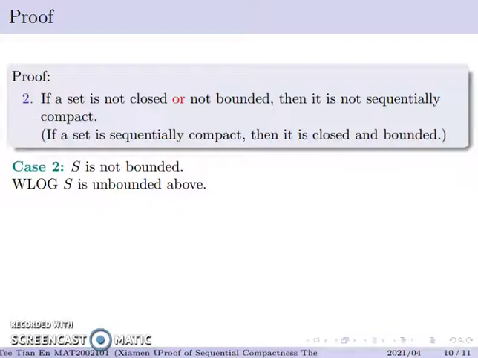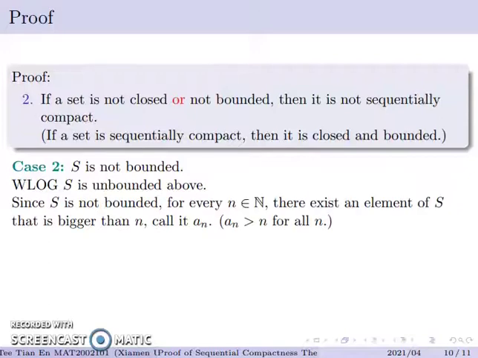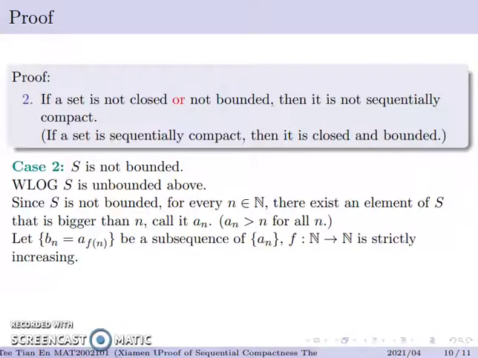Since S is not bounded, from the definition, for every n, there exists an element of S that is bigger than n. So we consider a subsequence Bn, which is equal to A_f(n), where f is a strictly increasing function.